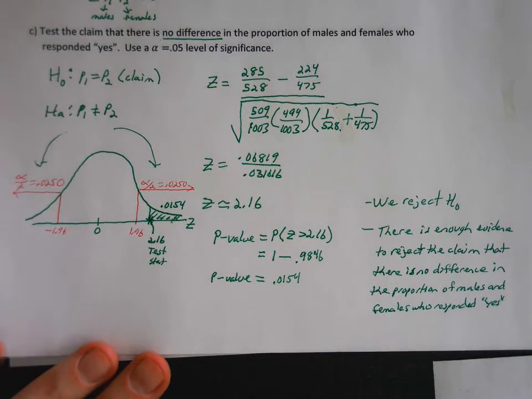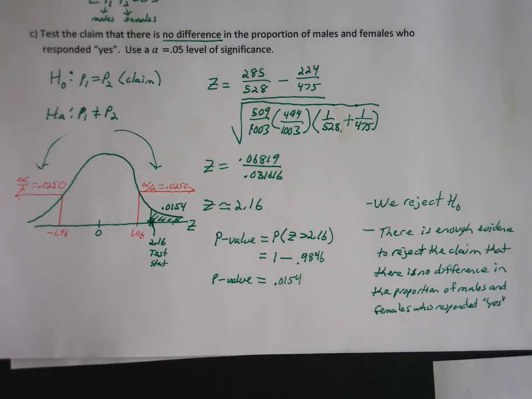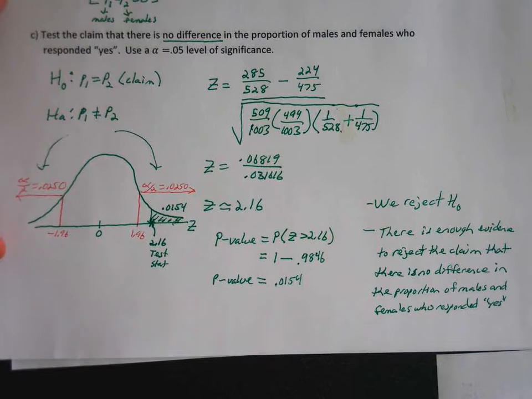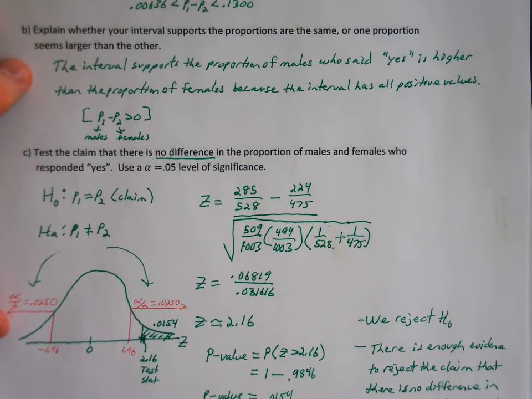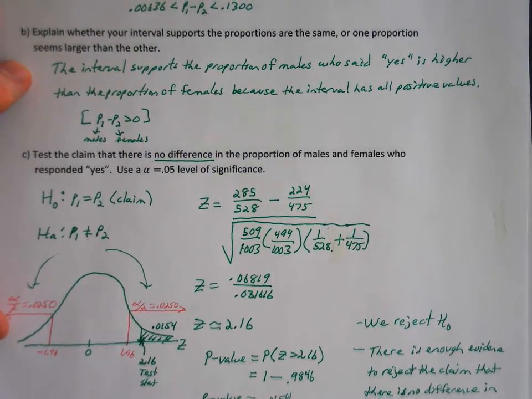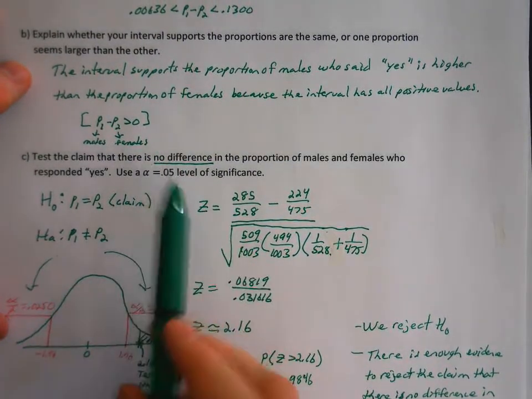So there's enough evidence to reject the claim that there's no difference in the proportion of males and females who responded yes. Rejecting the claim that there's no difference in the proportions is supported by part B above, the confidence interval. Now you have to pay attention to the confidence level and the alpha.